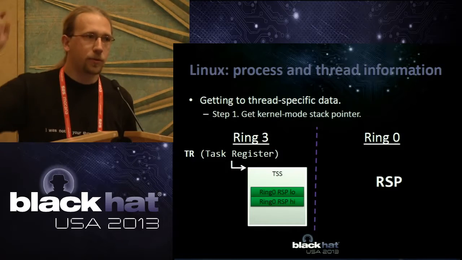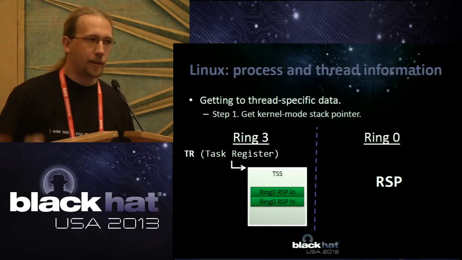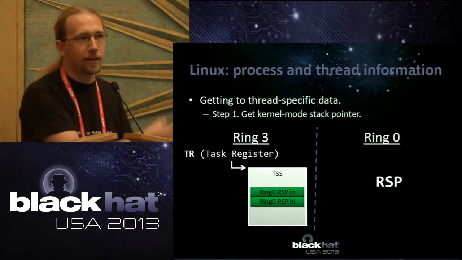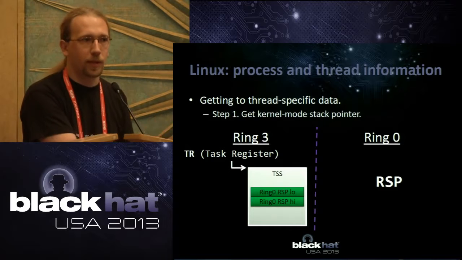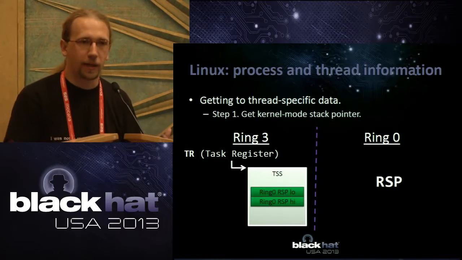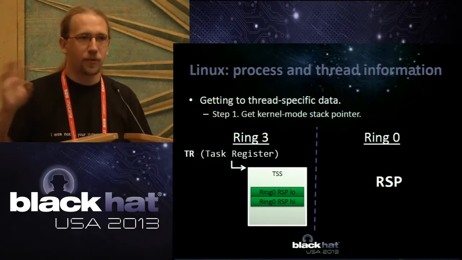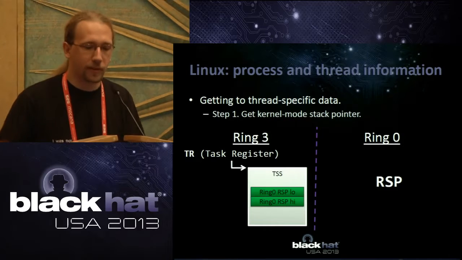So first of all, we need to gather thread information. An important thing to realize here is that we might get an event when the guest is in user mode, and we might get an event, a callback, when the guest is in kernel mode. So first we need to have 2 different approaches.